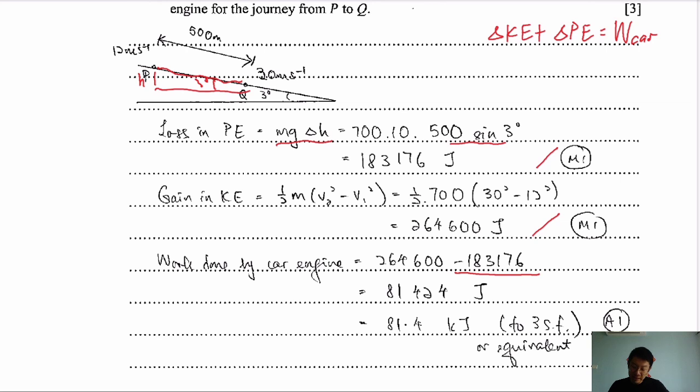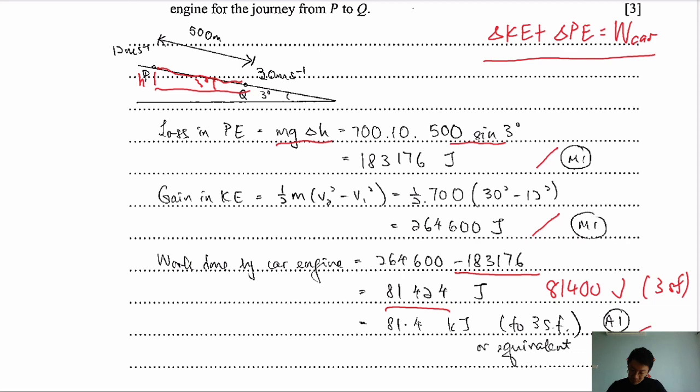So if we consider the work energy principle, the work done by the car is given by this number. You can round off to 81.4 kilojoule, or if you don't want to use kilo, you can use 81400 joule, which is also rounded to 3SF. Any answer which is equivalent to this, we will get another mark.